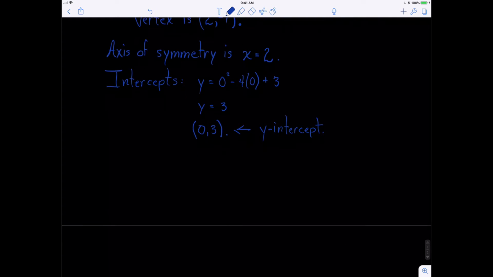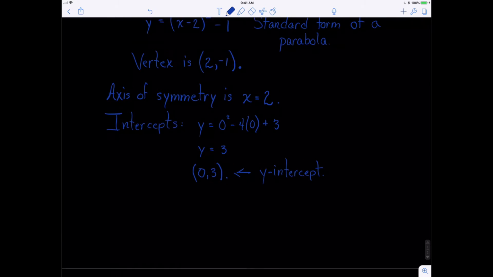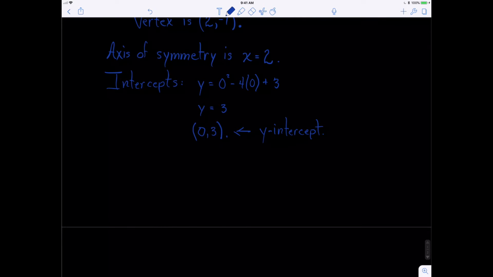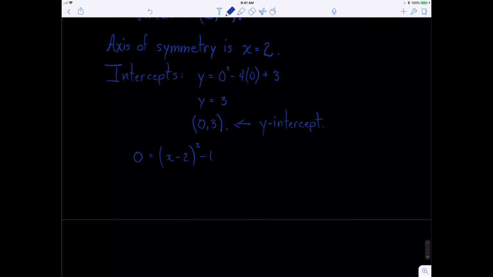So my x-intercept occurs when y is 0. And I'm going to use the standard form, and you'll see that it goes much faster if we do. So I'm going to write this as 0 equals x minus 2 squared minus 1. So now I'm going to add 1 to both sides.